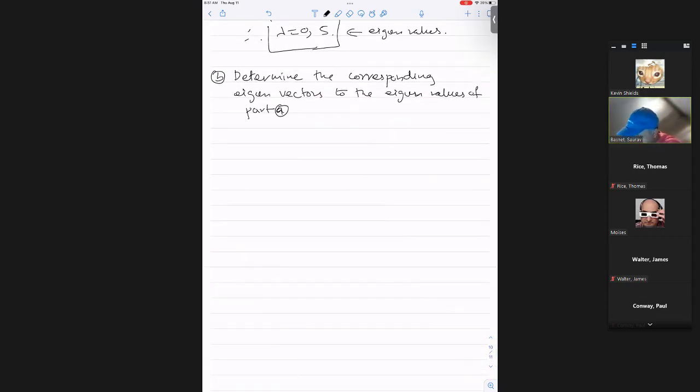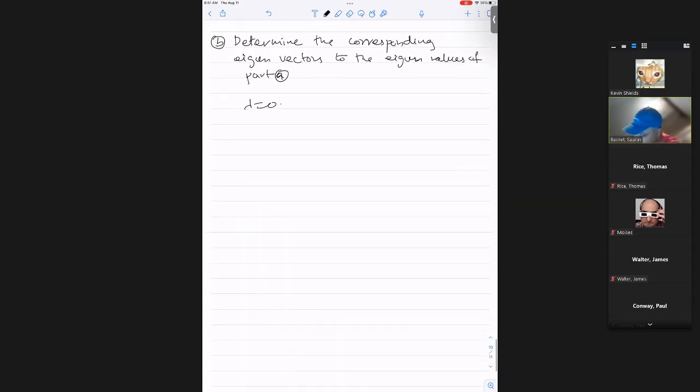Okay, so we have two eigenvalues. First, take lambda equals 0. We put that in the equation: [1 minus 0, 2; 2, 4 minus 0] times [x1, x2] equals [0, 0].